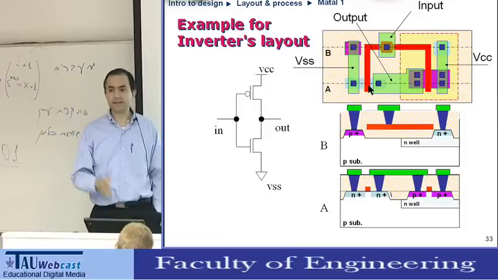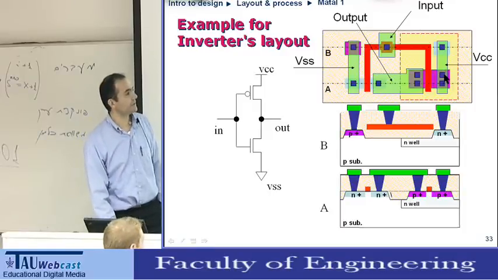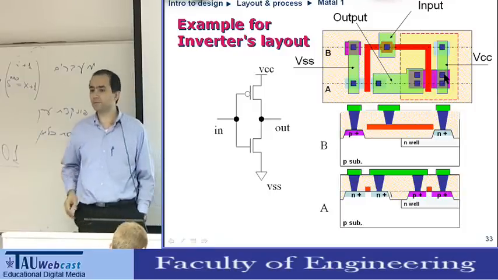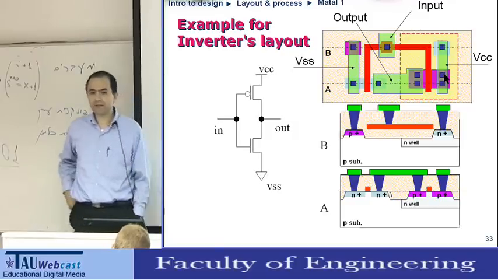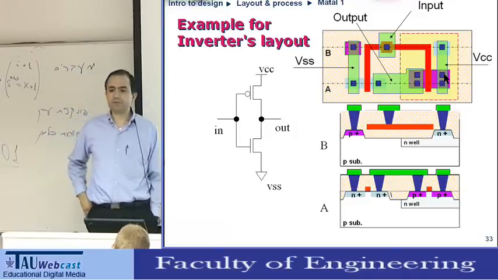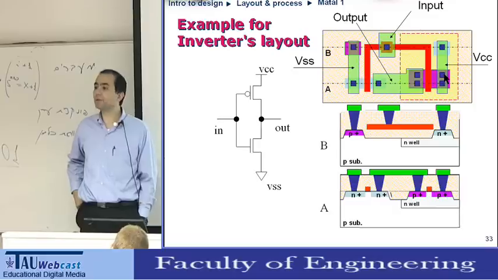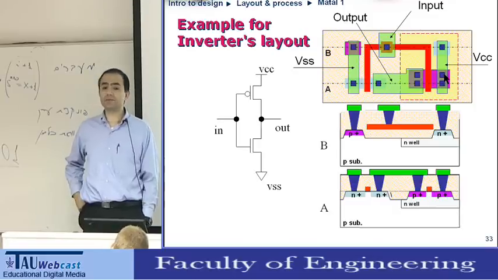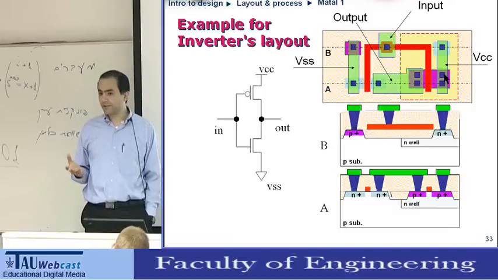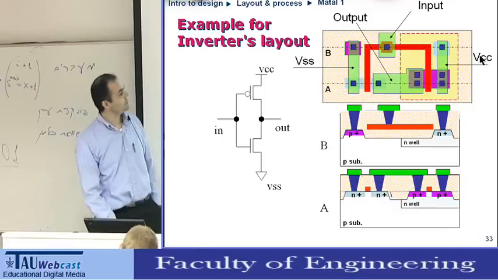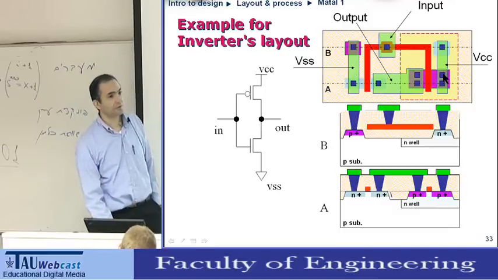Still, why do we need two contacts? Why not one? One will do the same work. The current will be uniform enough. That's not it. Redundancy. What does that mean? We just talked about yield earlier. Let's assume one of these contacts is blocked.